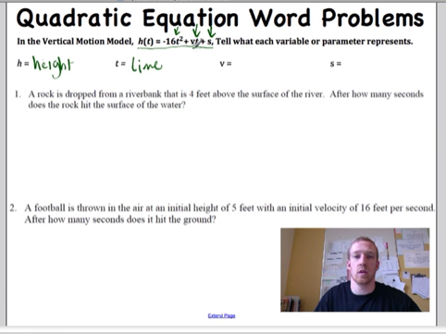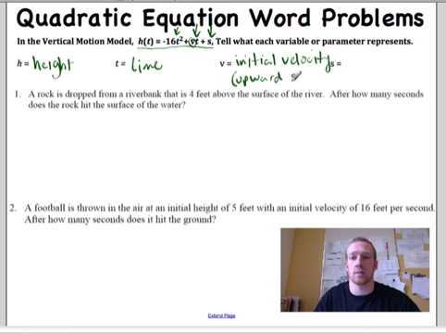The v here stands for the initial or the starting velocity. Initial velocity, so that's basically its upward speed at the start. And s, which is this term here, our third term, is the initial or starting height.